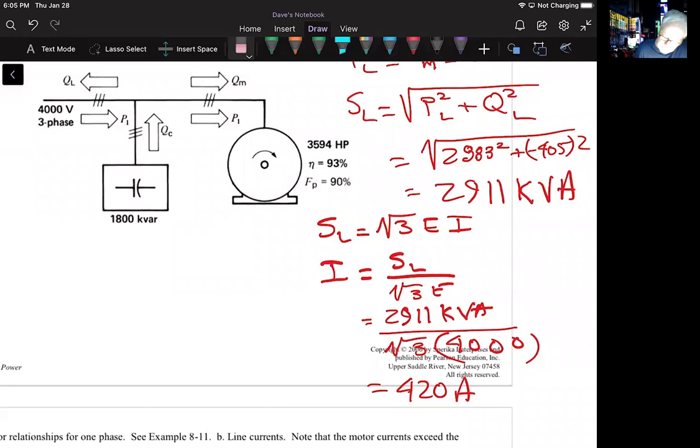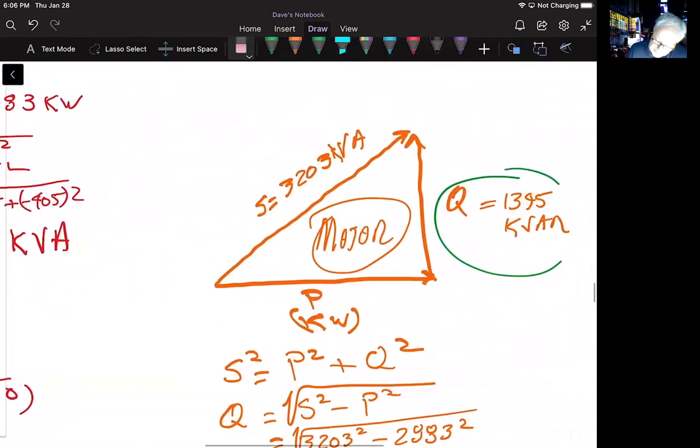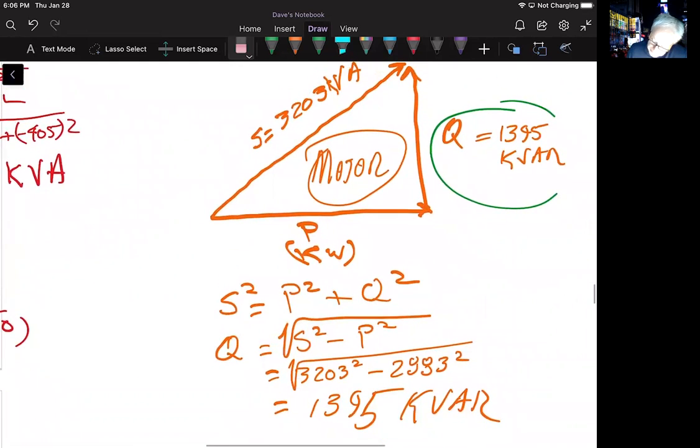Okay, for F, it's saying what is the motor line current? Again, we know what the, let's see, did I erase it? No, I still have it. Let's work off the motor here. I have the values written down for everything, I think.